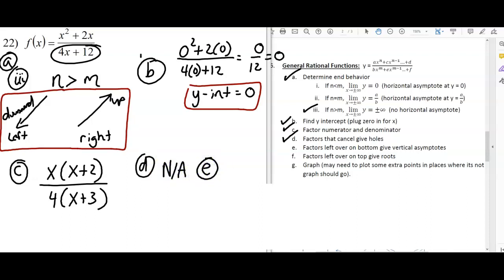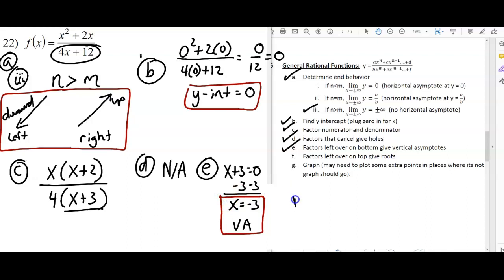Let's take a look at part E. Factors left over on the bottom give vertical asymptotes, so that would be this guy here. So I have a vertical asymptote at -3.